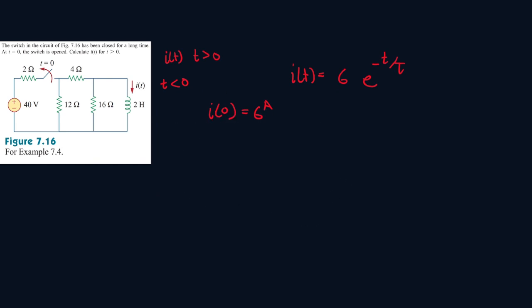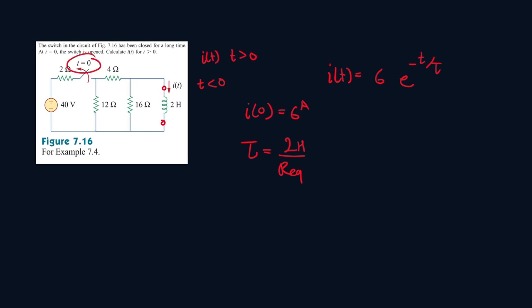To find the time constant, it will be equal to the resistance equivalent between the inductance. Sorry, my bad. It's going to be equal to the inductance all over the resistance equivalent. The inductance value is 2 henry, and the resistance equivalent we have to solve between these two terminals.